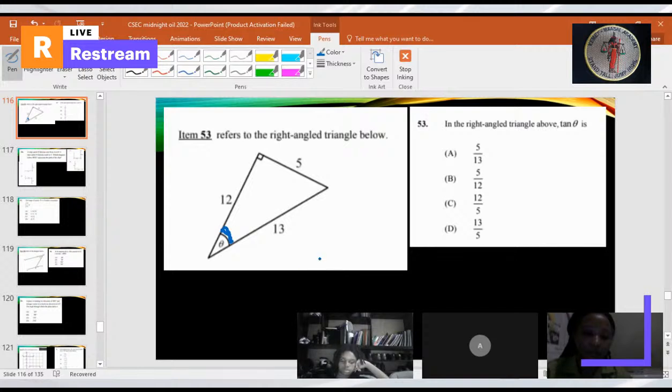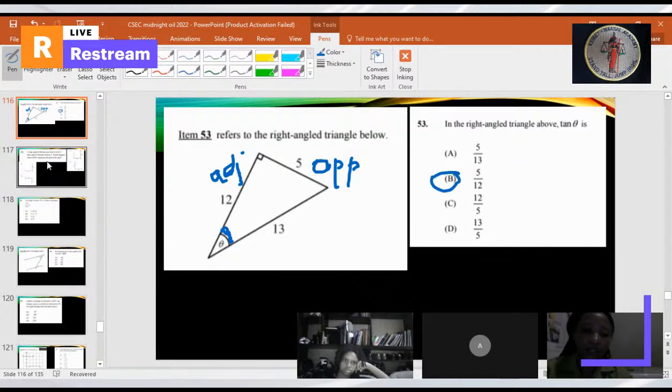The value opposite to theta is 5, so that's opposite, the adjacent side is 12, and this is adjacent to theta. And tan is opposite over adjacent, so it will be what over what? It would be 5 over 12, which is which letter?